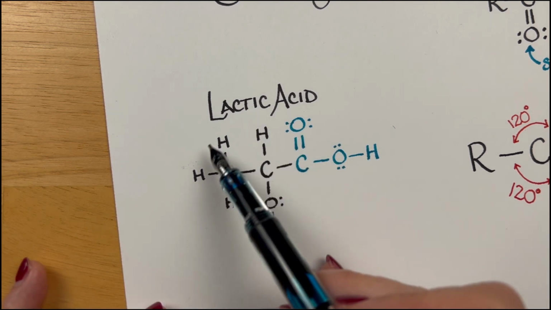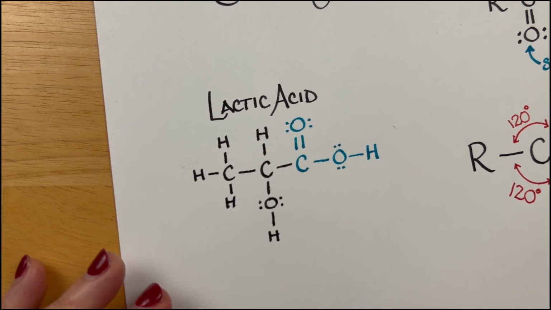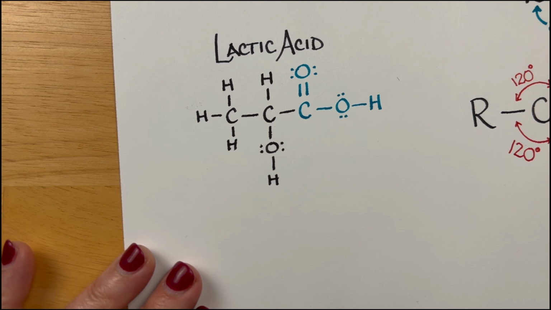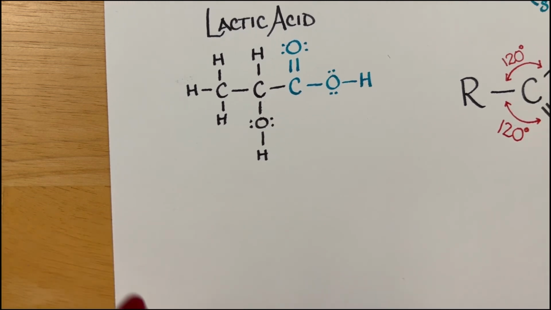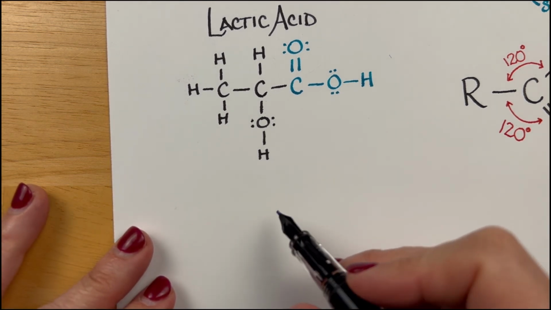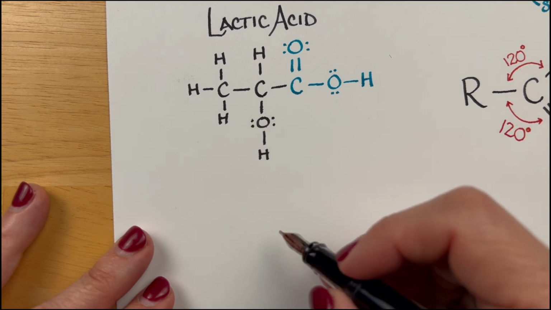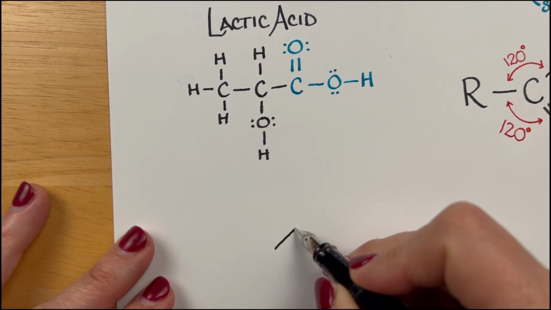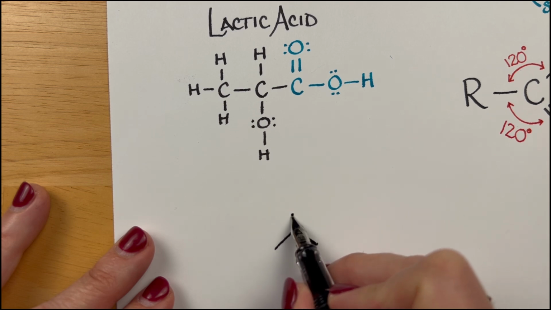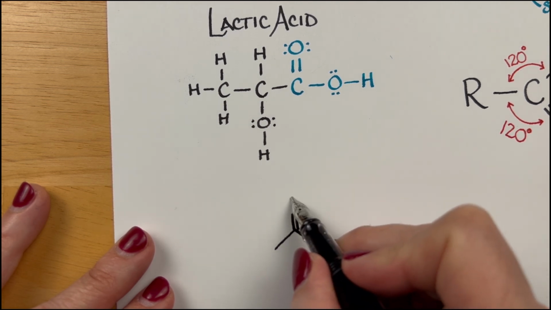Okay, so here's lactic acid drawn out in this way, but I did want to draw it out with line angle drawings, and then also show you the structure that I built with the three-dimensional model kit. So, if we're drawing this out with line angle drawings, the carbons are inferred wherever you have a vertex like this.